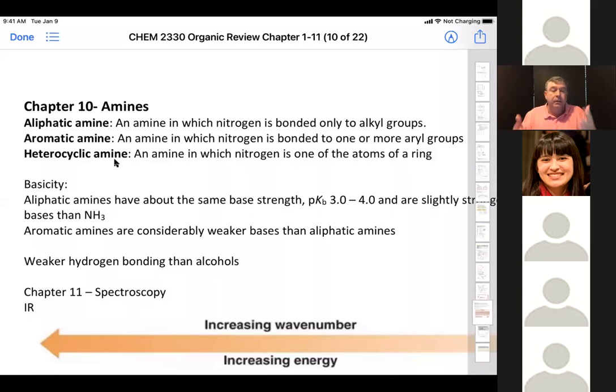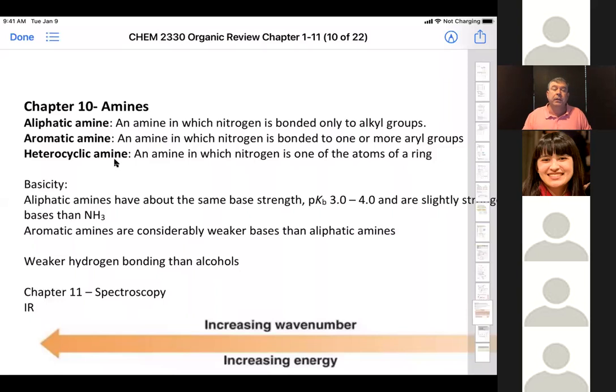A strong donator makes them more basic. Now, all of the aromatic amines are weaker bases than their aliphatic amines. And the other thing is the bond between the nitrogen and the hydrogen is less polar than that for water, and therefore it doesn't hydrogen bond as much.